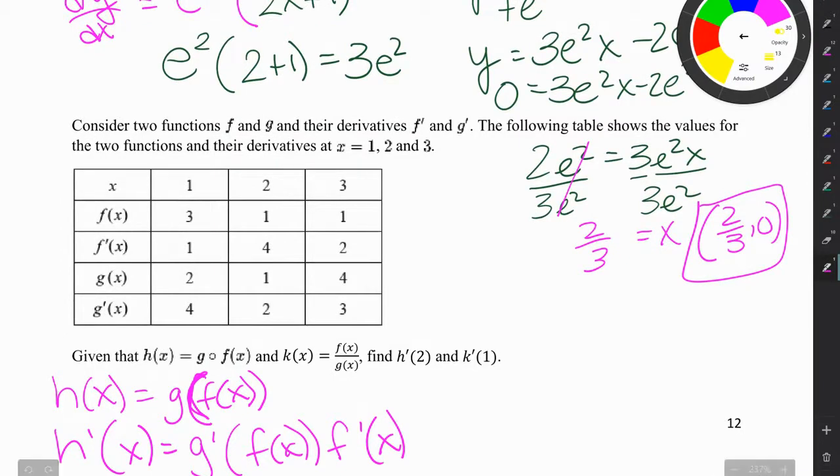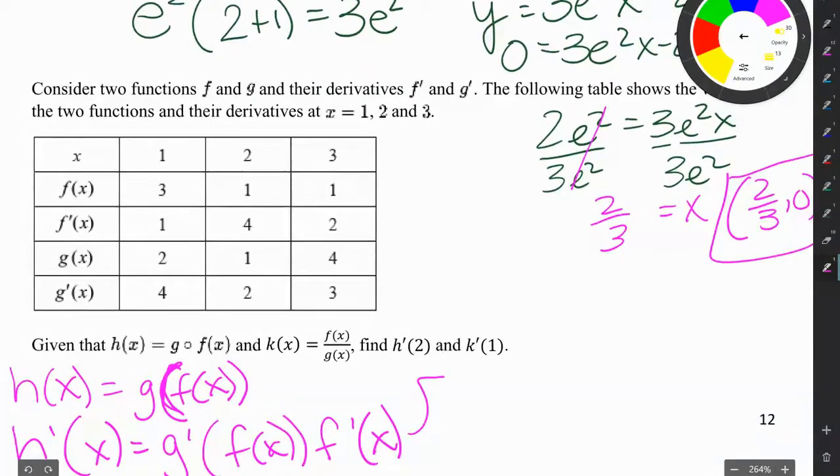So to do this, we're finding h prime of 2. So h prime of 2 would be g prime of f of 2 times f prime of 2.